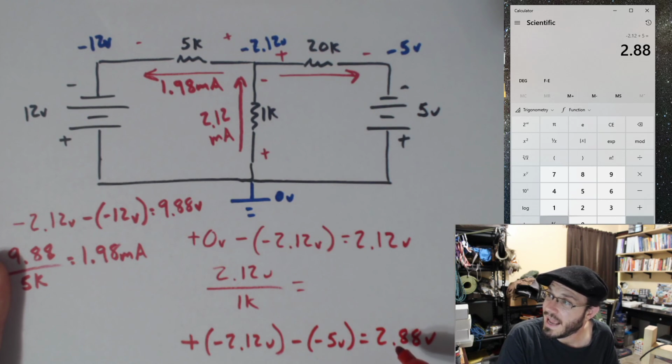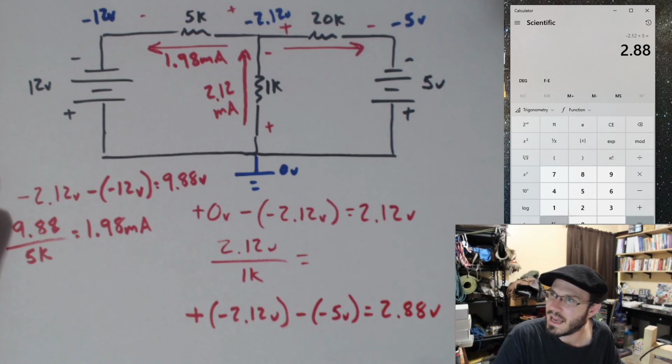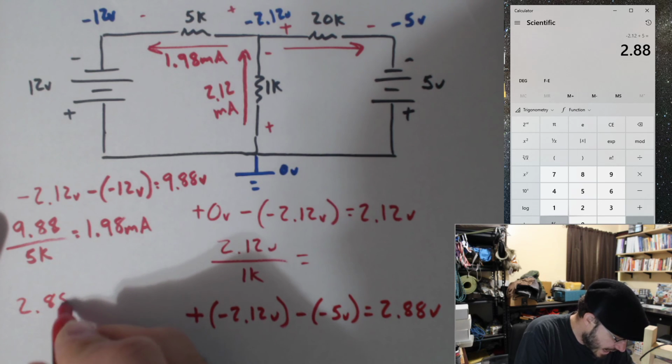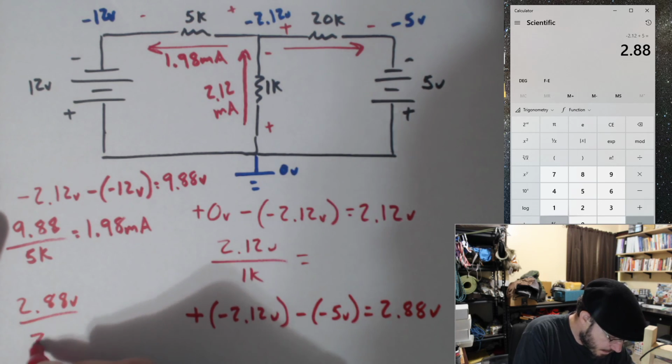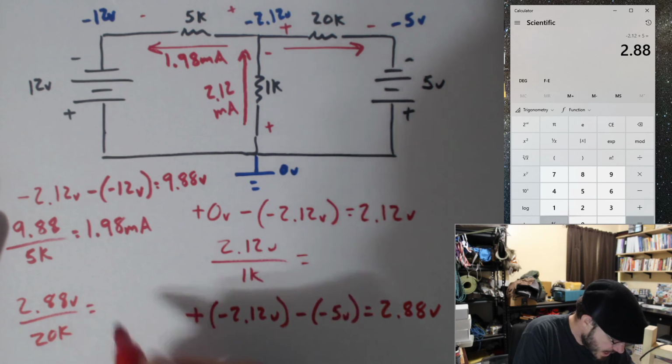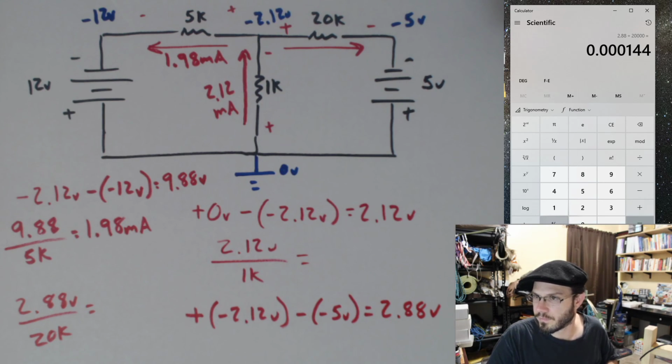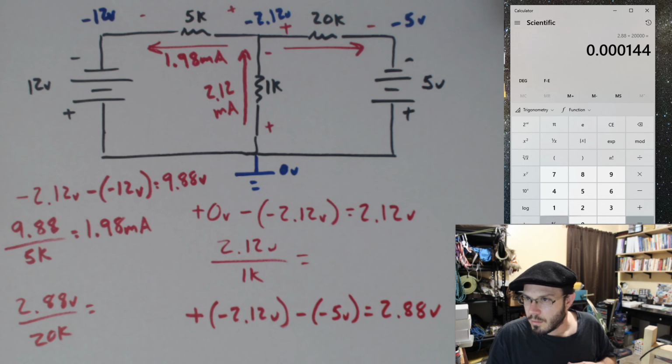So let's take 2.88, divide it by 20K. I'll just squeeze that in over here on this side. 2.88 volts divided by 20K equals 0.144.